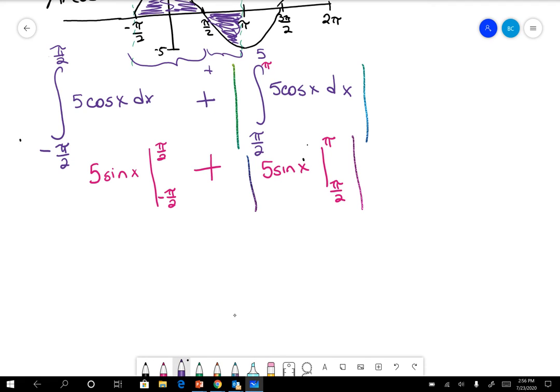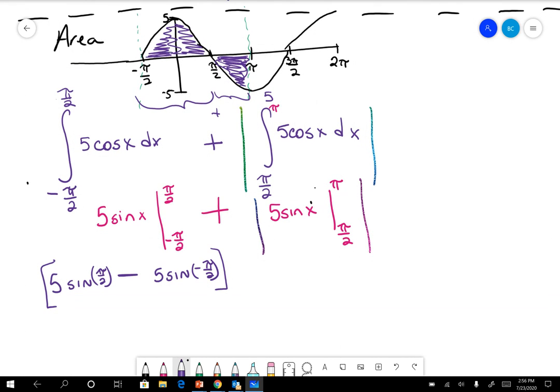All right, so now we'll do 5 sine of pi over 2 minus 5 sine of negative pi over 2. That's the first area. That'll give me the area of the positive section over here in the purple.